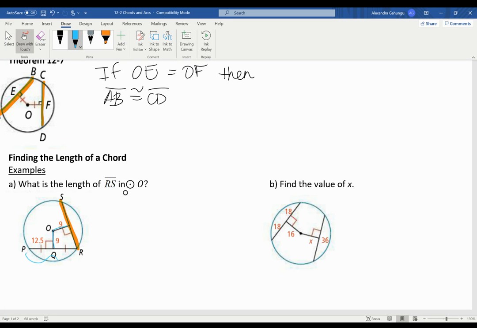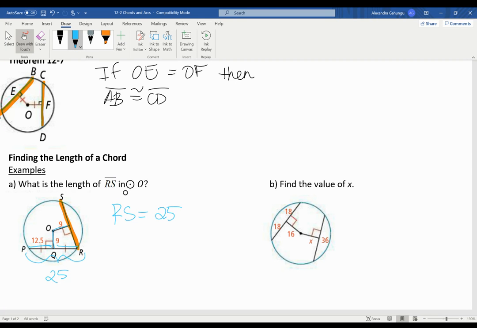So we need to figure out the length of PR so that we'll know what PQ is. So PR is 12.5 twice, because it looks like we've got 12.5 here, 12.5 here. So RS is 25 units long, because it's twice that little segment down here.